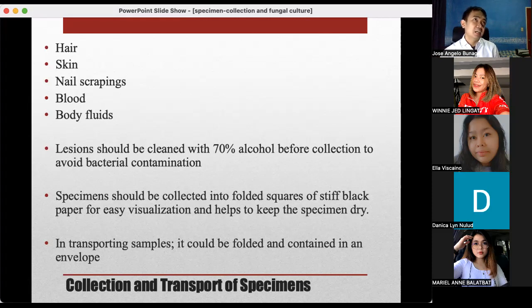Classified kasi sila as class 2, or they are classified to use class 2 biological safety cabinet. And the biosafety cabinet should be checked daily to see that none of the airflow inlets or outlets is blocked by supplies or incinerators or waste disposal containers.